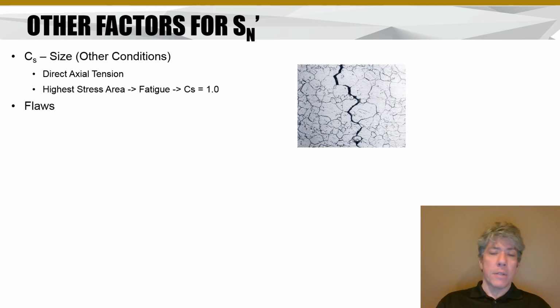There are other factors, though, you should be aware of. For example, flaws. If the material has a flaw inside of it, that can cause problems. If the material is cast, for example, castings are very likely to have missing material, inclusions, whatever the case may be, that will weaken the material.